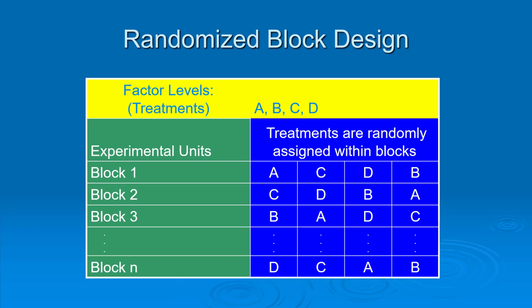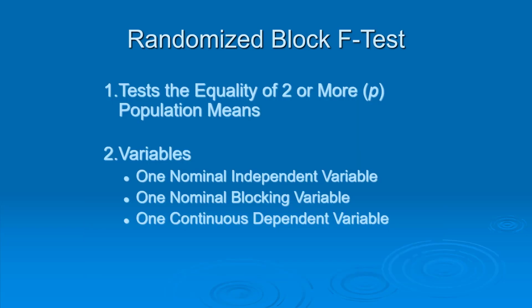These can be medication for cancer. You can see that the treatments are randomly assigned within each block. Blocking factor could be age groups. Like when we do ANOVA, we test the equality of 2 or more population means. Unlike ANOVA, you have a blocking variable to deal with, which is typically a nominal variable.